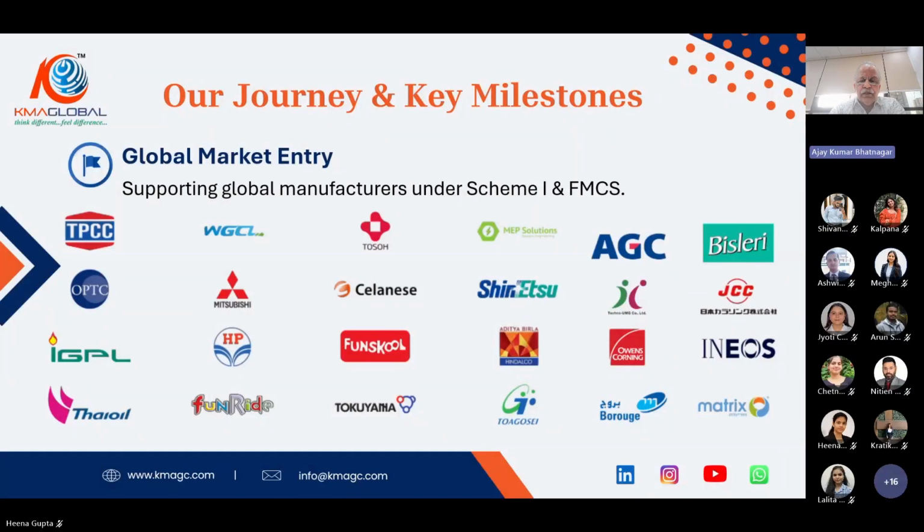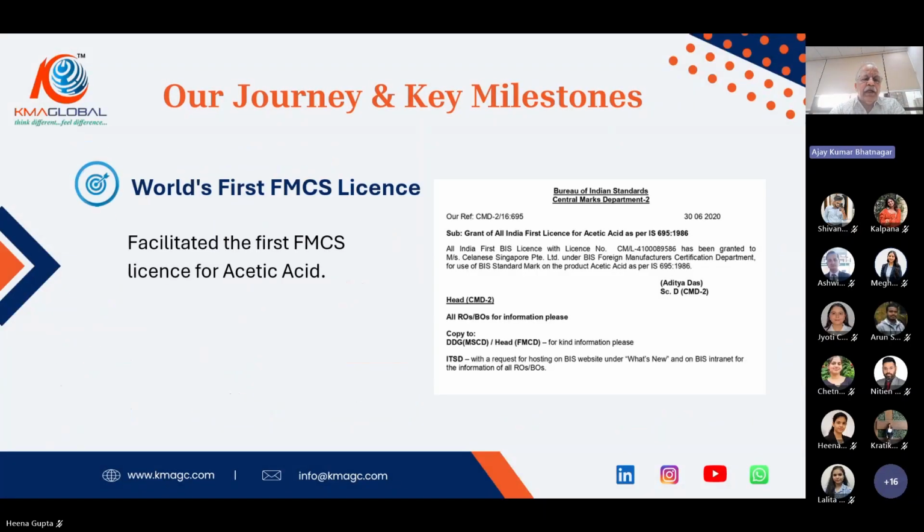One thing I would like to tell about our special achievements is that we were able to facilitate the grant of a BIS license which was first in the world.